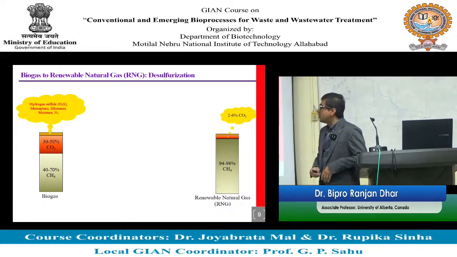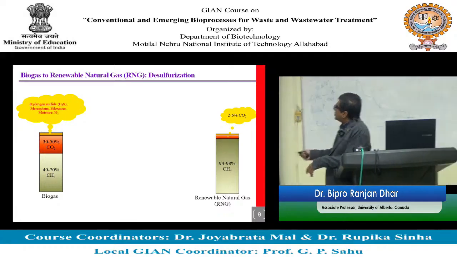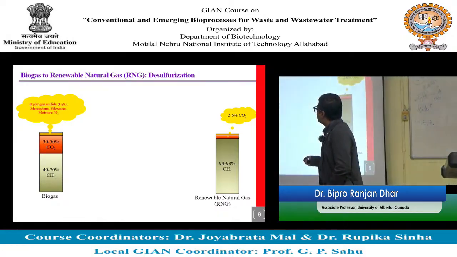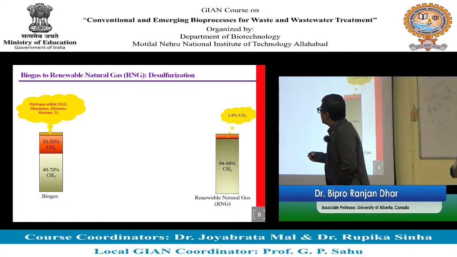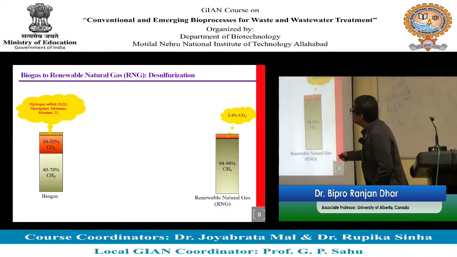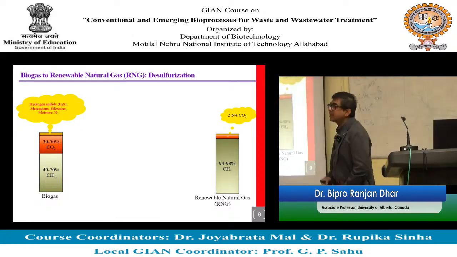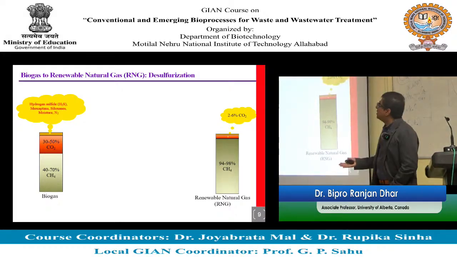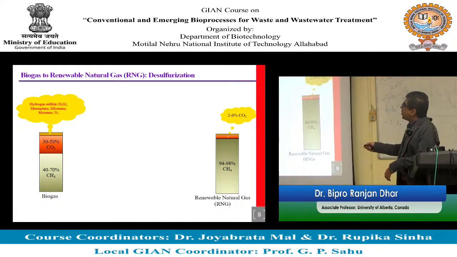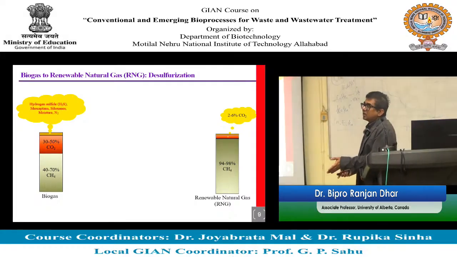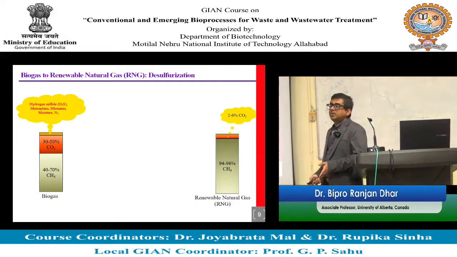But in our biogas, we have 40 to 70% methane and 30 to 50% carbon dioxide, and we have sulfide, even at very small concentration. In addition to sulfide, you can have other organosulfur compounds like mercaptans. Even in small concentration, sometimes they can be very problematic. They can corrode the process equipment.